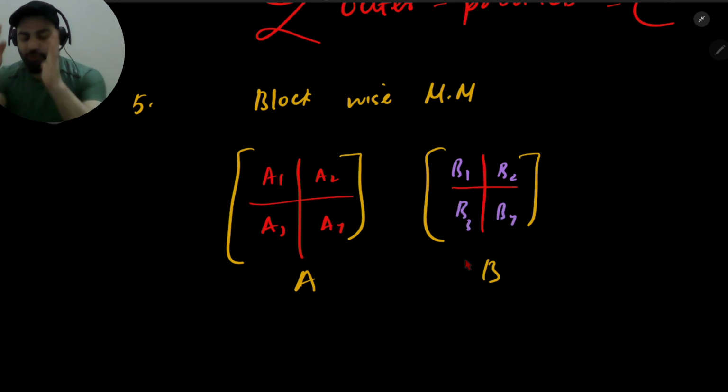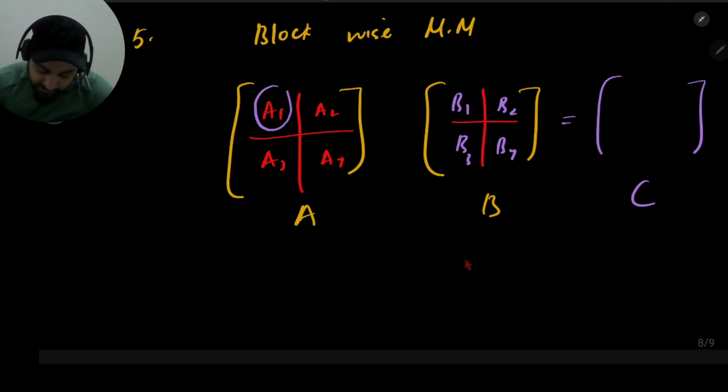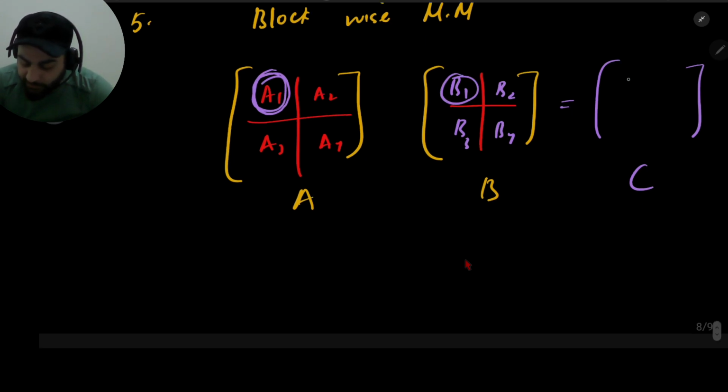Let's suppose you divide this matrix into blocks. Now, in order to get C, each block itself is a matrix, so you can do a similar thing. We'll convert C into 4 blocks, C1, C2, C3 and C4.